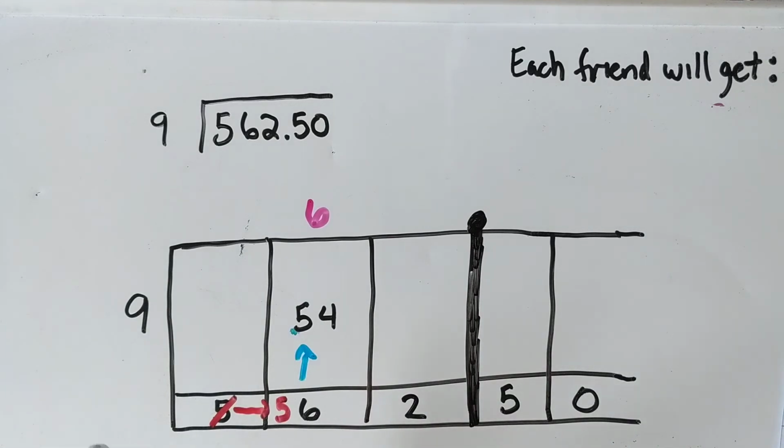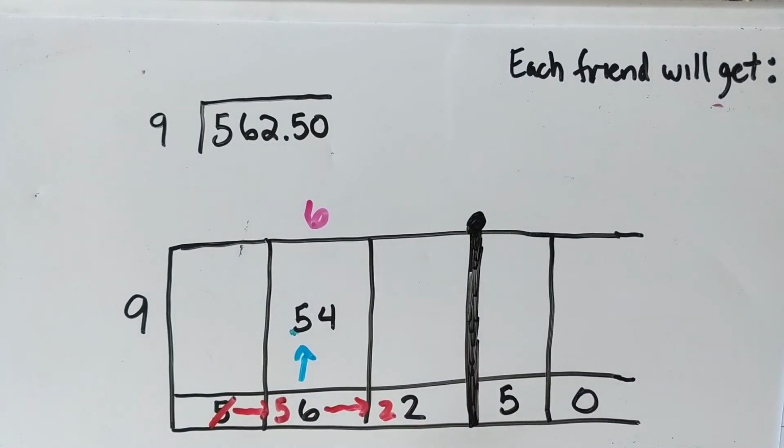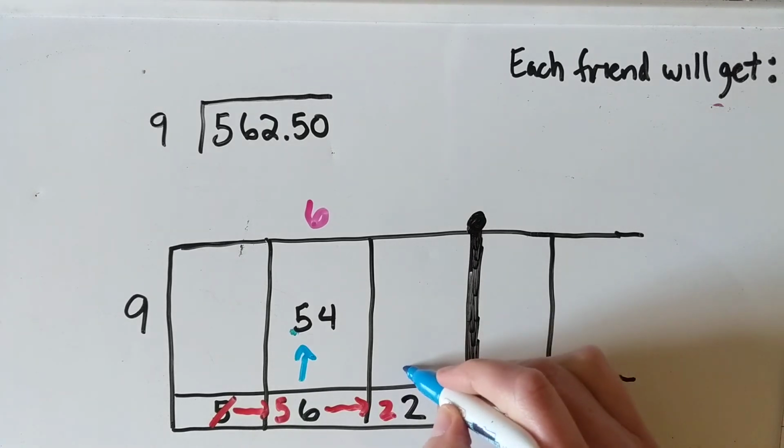Okay, so I took 54, so that leaves 2 left over that I need to explode back. Okay, so now I have 22. Okay, so that one I know, because 9 times 2 is 18. So I'm going to go ahead and put that in there.